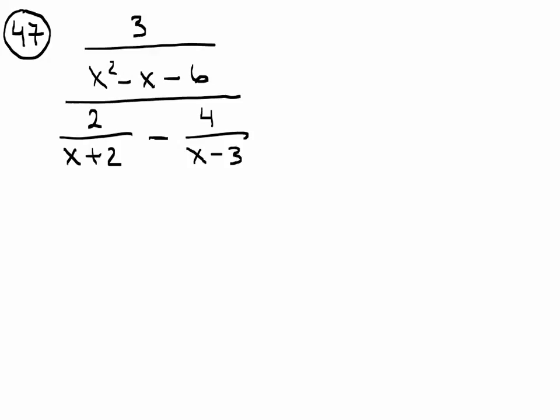Alright, so before we do anything, we got another problem. We got this whole problem of x squared minus x minus 6. We don't even know what to multiply by because this is not in factored form.